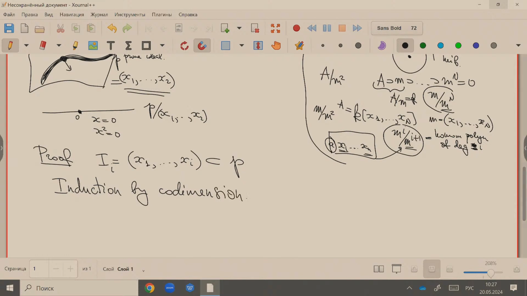So, by induction, we shall construct this sequence with the following property, this sequence of parameters.